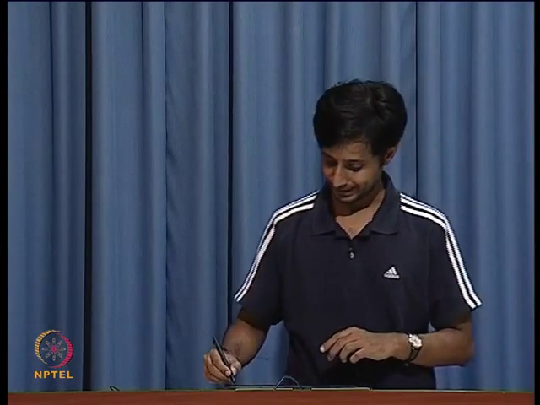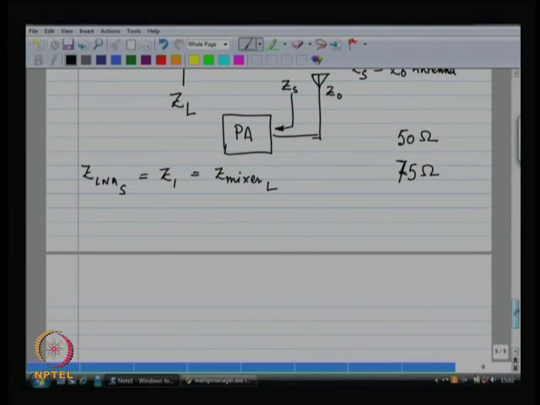So, there exists a characteristic impedance at which air has maximum power handling capacity. There exists another characteristic impedance at which air has the lowest loss. So, an optimization between these two has led to this number 50 ohms. I know I am not being very clear over here, but hopefully as the course progresses, we will be able to find out more about these numbers.